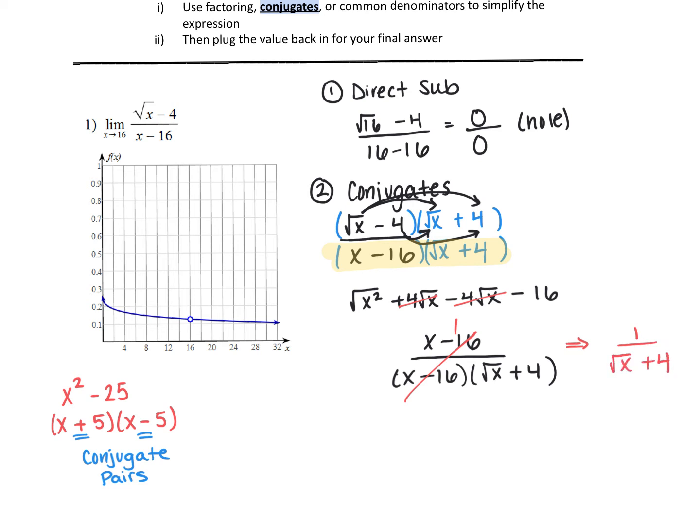So just to recap that, we multiplied the top and bottom by the conjugate of wherever the radical was. So radical x minus 4, we multiply by rad x plus 4. We double distributed out only the stuff in the numerator because that's where the radical was. So this piece we double distribute.